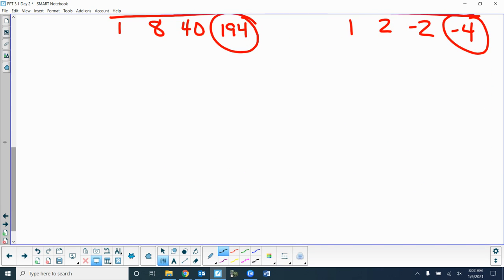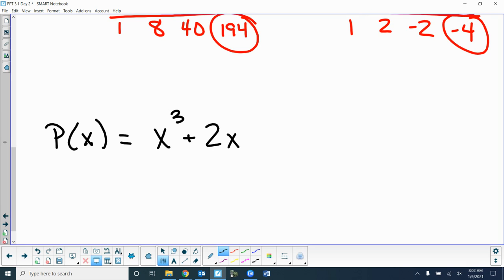All right, I want to show you something that's going to be on the practice quiz. Here's the problem. It says P of x equals x cubed plus 2x squared minus 5x minus 6.